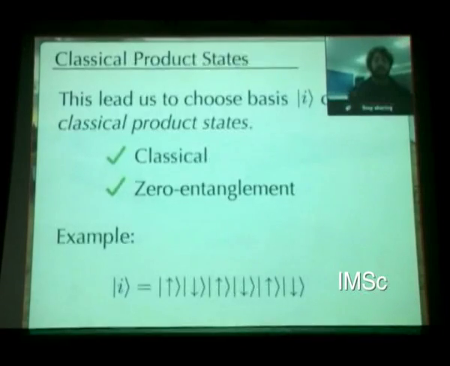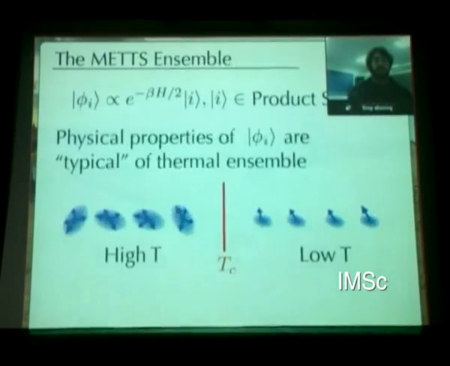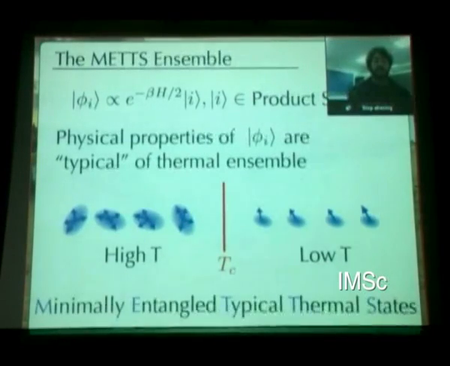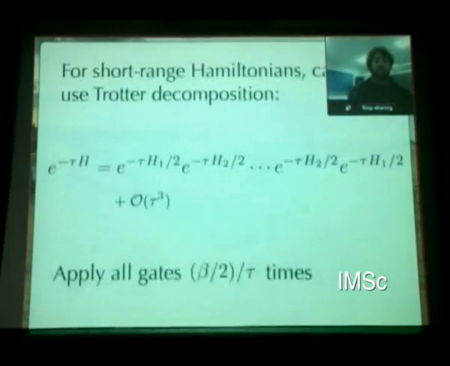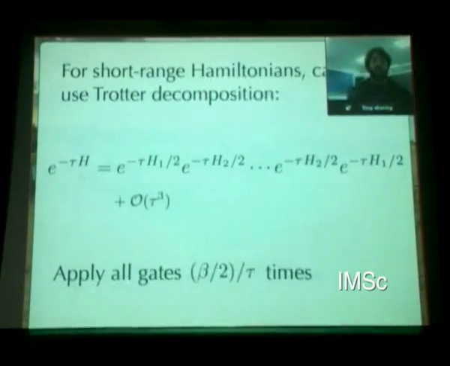That example is just for a nearest neighbor Hamiltonian. You can do this for more general Hamiltonians too, and there you have to do it with matrix product operators or something similar.